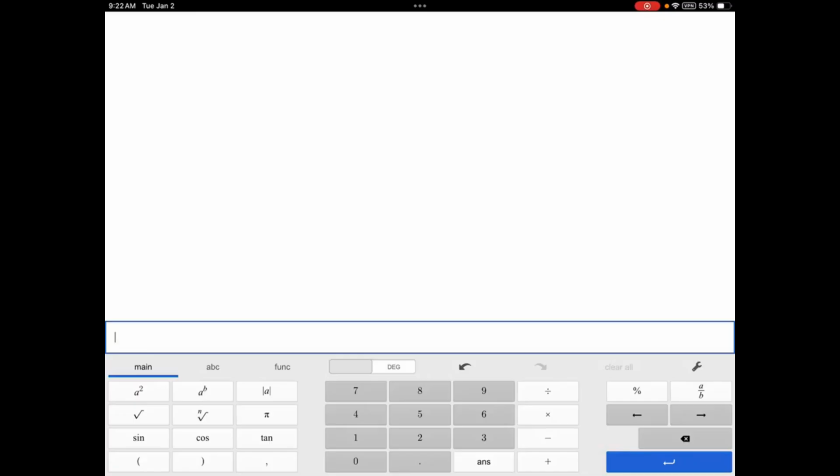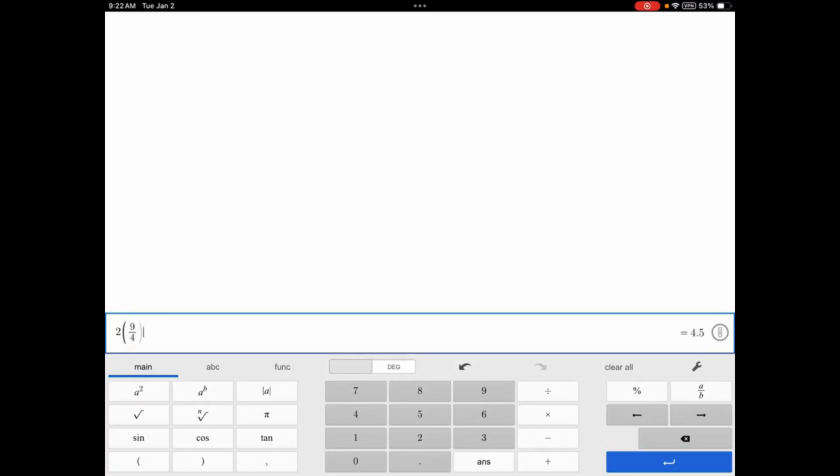Clear out what we have. So we have 2 times 9/4. If you're going to plug it in directly, word for word, make sure you're using parentheses. You need parentheses to put the entire thing in, especially for that square.